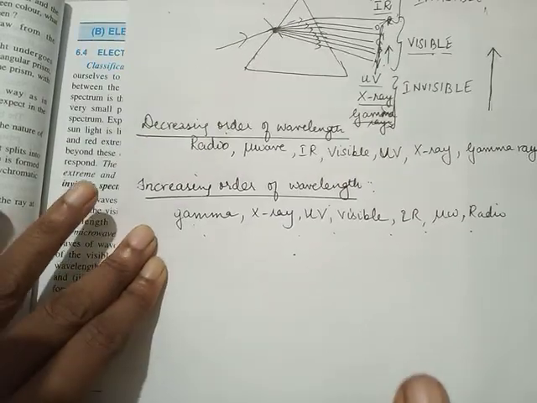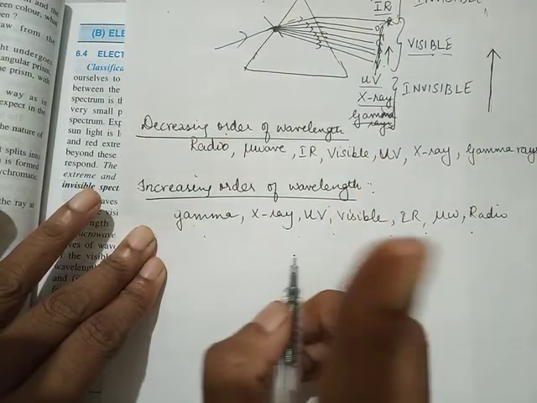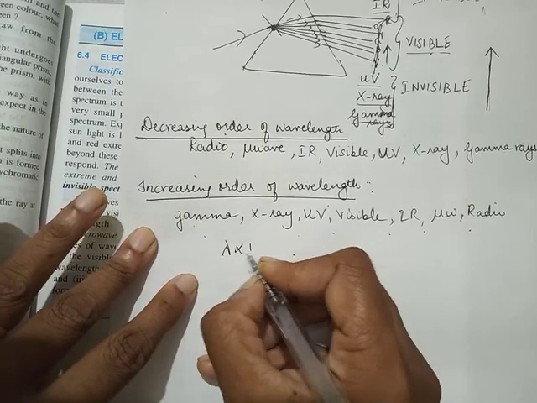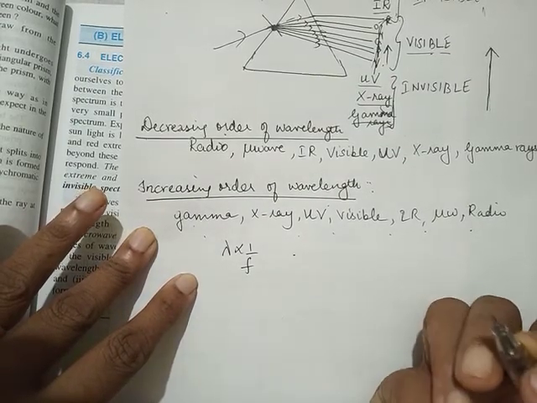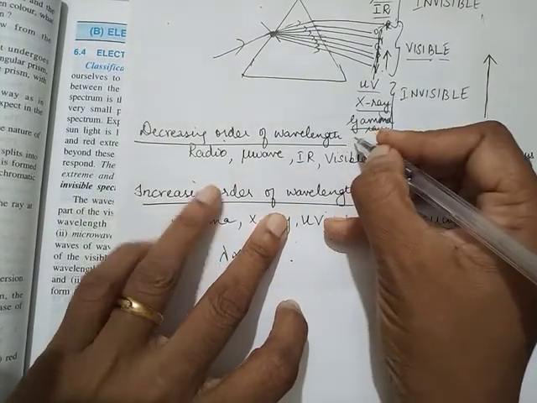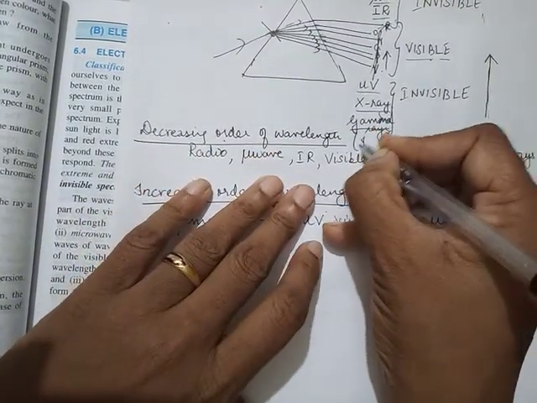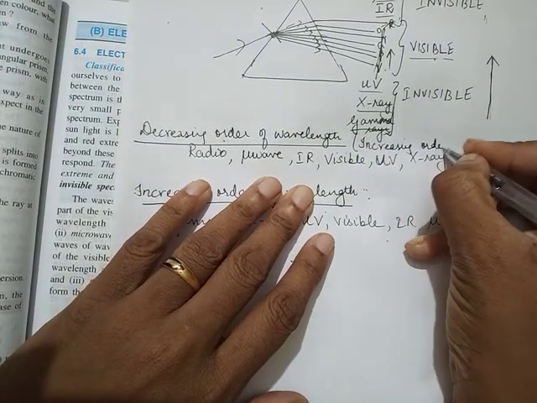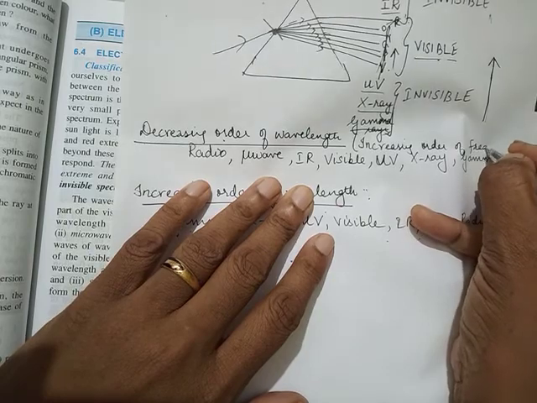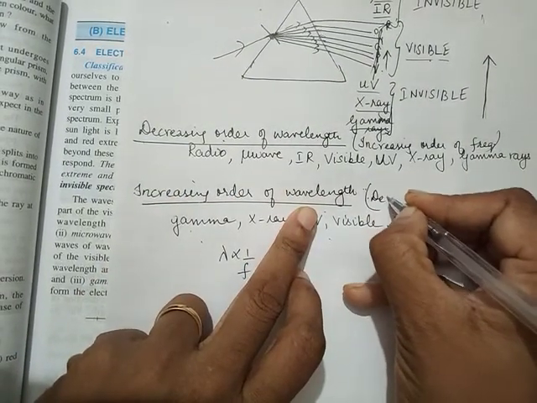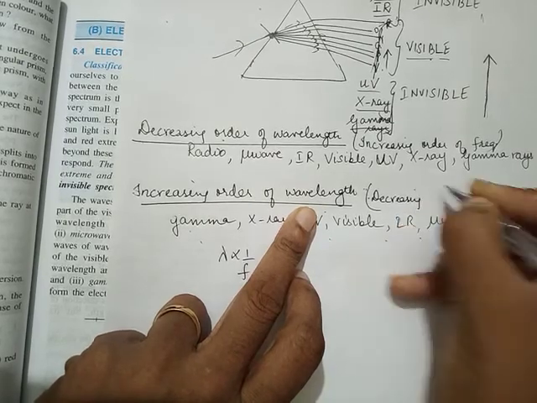Now there is another possibility, with respect to frequency also they can ask. You know that wavelength and frequency are inversely proportional. So this can be decreasing order of wavelength or increasing order of frequency. This can be increasing order of wavelength or decreasing order of frequency.